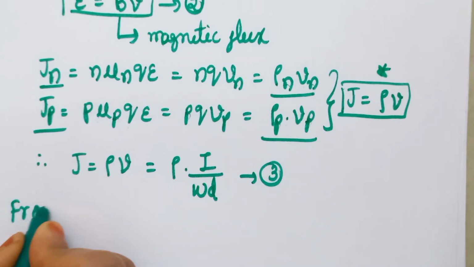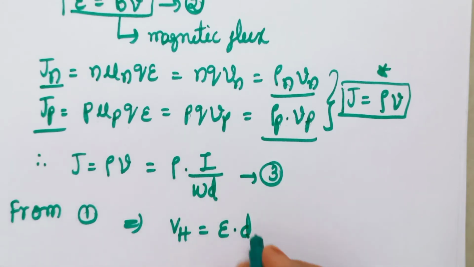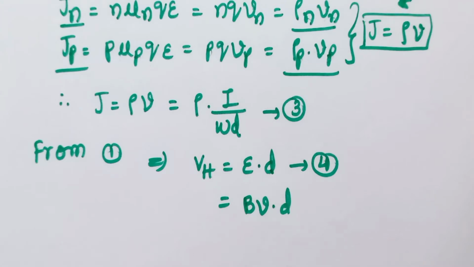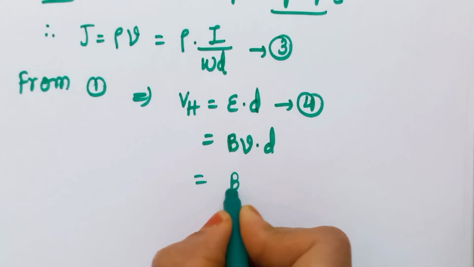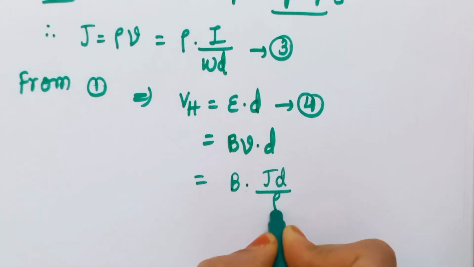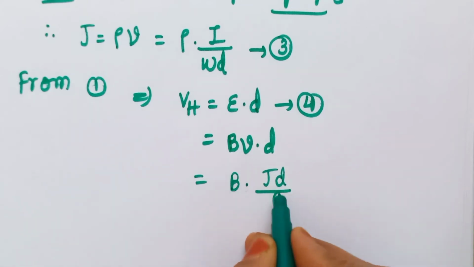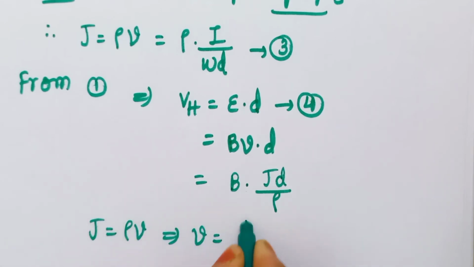So from equation number 1, we can write VH is equal to epsilon into d. And epsilon, from equation number 2, is B into v, so VH is B into v into d. We can write v as J by rho, because J is equal to rho v, that implies v is equal to J by rho.